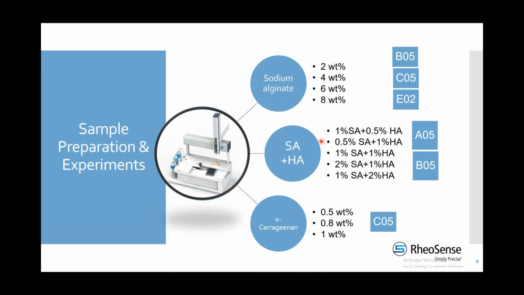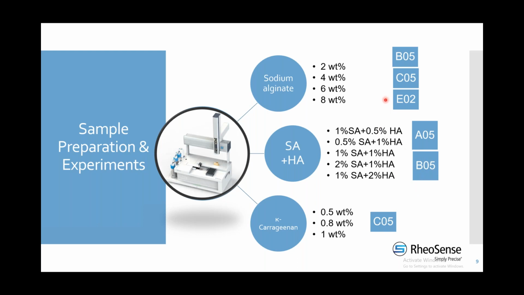The goal that we have is to show you how we use our VROC technology to measure viscosity of hydrogels over a wide range of concentrations and shear rates. Depending on the sample viscosity, different VROC chips were selected for doing these experiments. For low viscous samples, we can use B05 and E02.